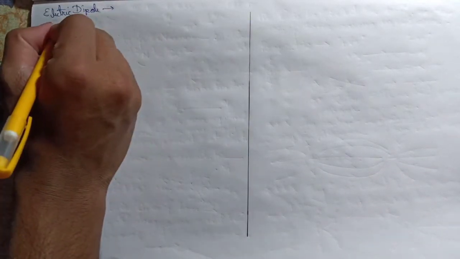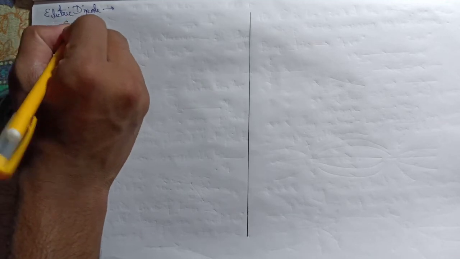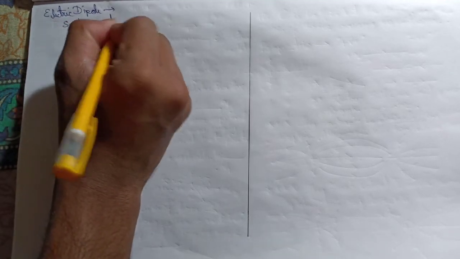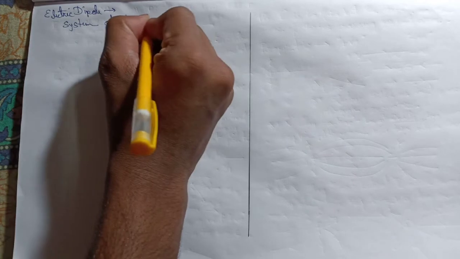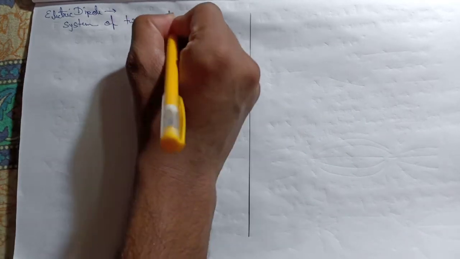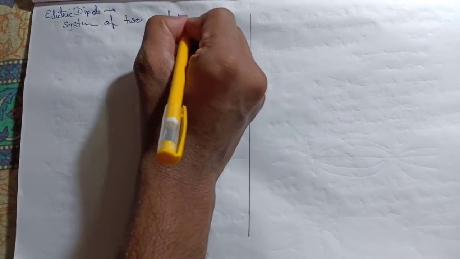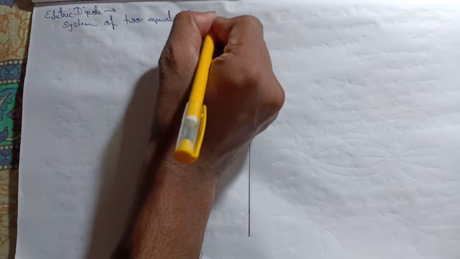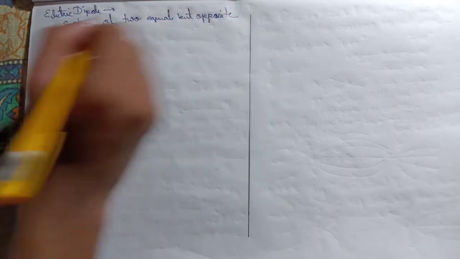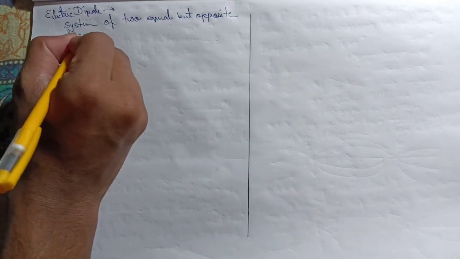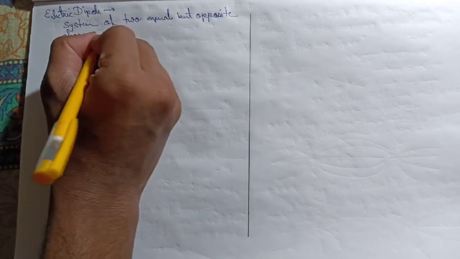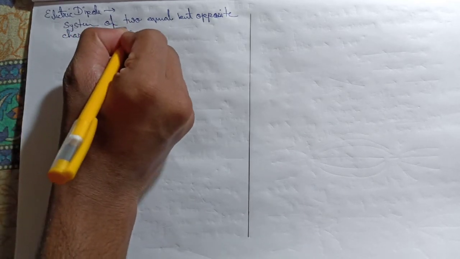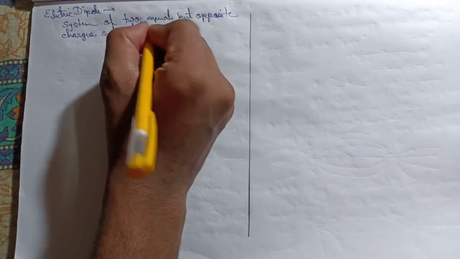Actually, it is a system of two equal but opposite charges separated by a certain distance.